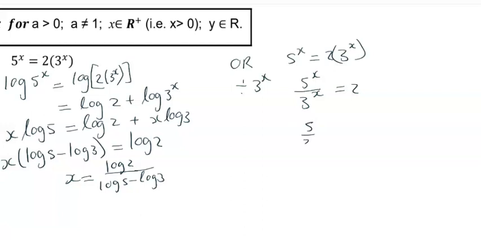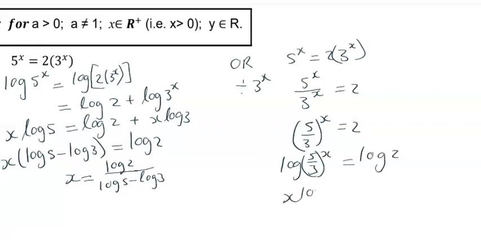I can write it as 5 over 3 to the x equal to 2. I can take log on the left hand side, and then I get x log 5 over 3 equal to log of 2, and that will give me x equal to log 2 divided by log 5 over 3.